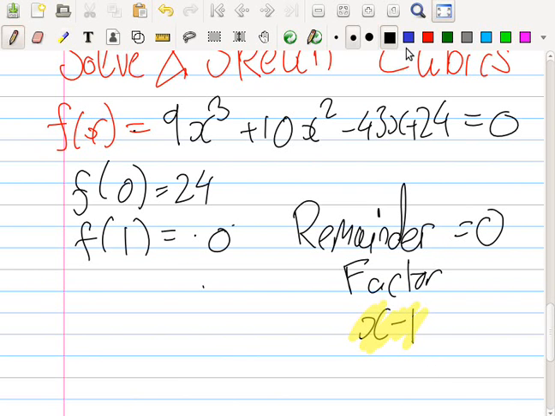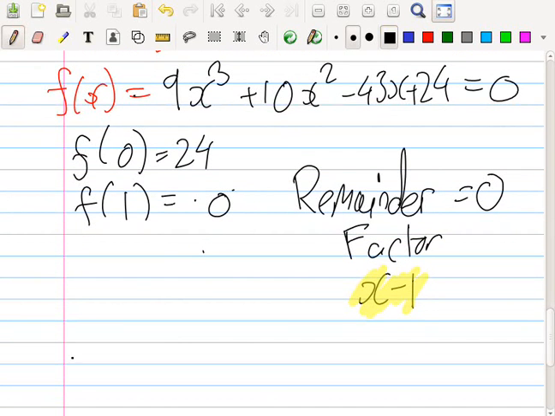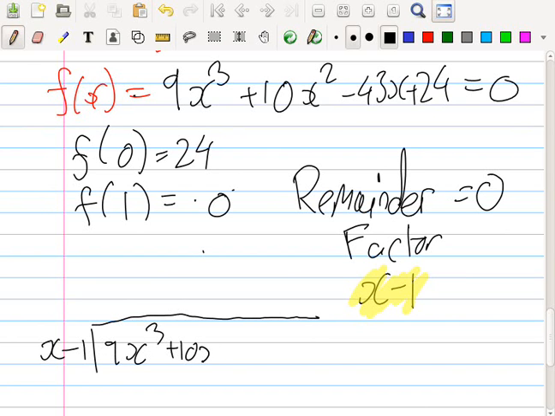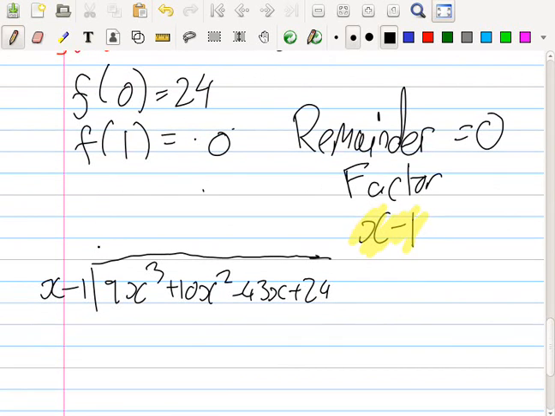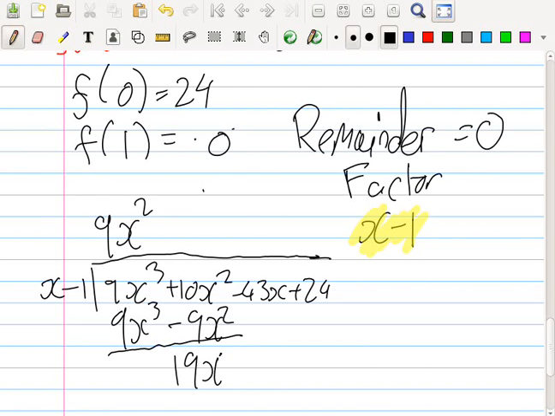Well, now we do our long division. So we have x minus 1 divided into 9x cubed plus 10x squared minus 43x plus 24. Okay, so I'll scroll down a bit. Firstly, 9x squared, 9x cubed, minus 9x squared. I subtract, 19x squared, minus minus, plus 19x.